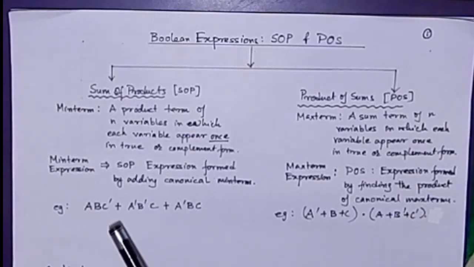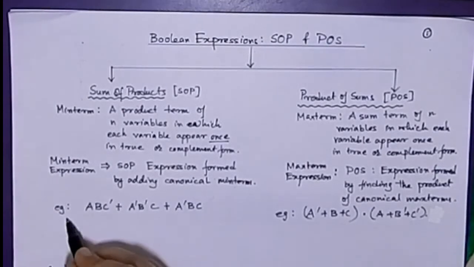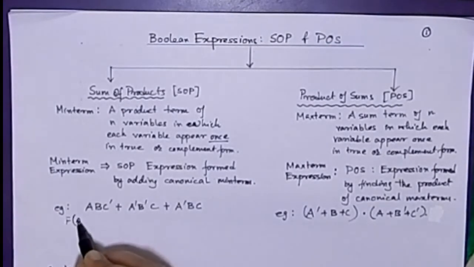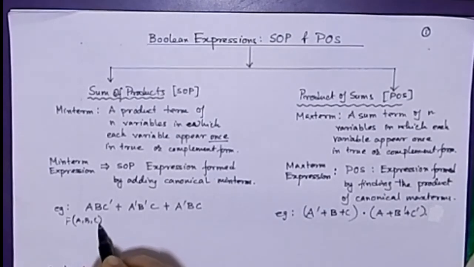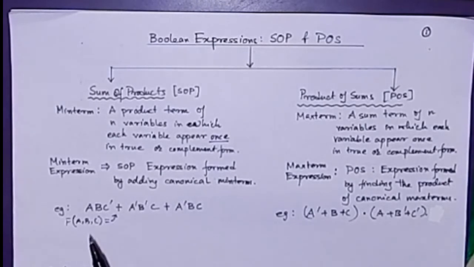So we assume that this expression is a three variable expression, or sometimes it is given in this way, that f is a function of a, b and c, and the expression is this. So this also helps as a guideline to see whether all the variables are there in the expression or not.